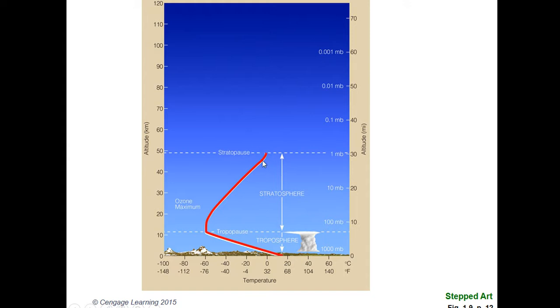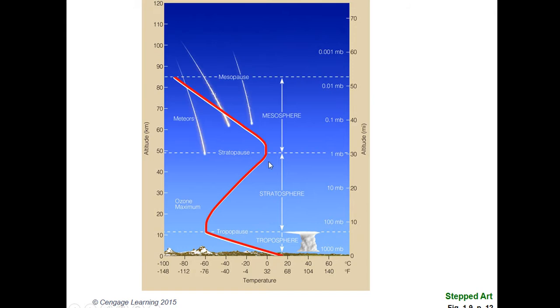But up above the stratosphere, there's not much ozone, and so what ends up happening is we have another pause, the stratopause, and it's in the mesosphere that we see the lowest temperatures in our atmosphere. This is typically where you start to see meteors begin to form.